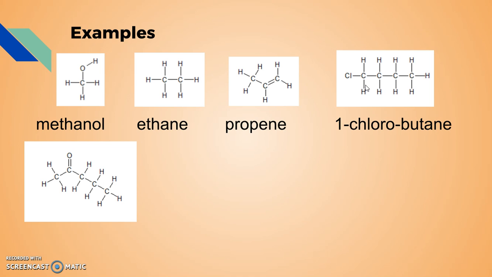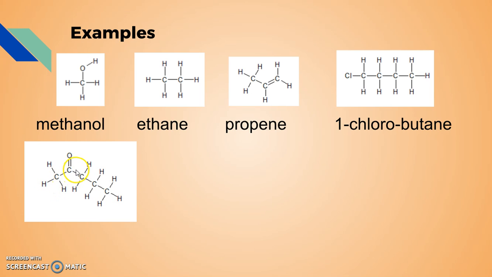Another example. Now what do we have here? Functional group. If I identify that, I've got my double bond O, which is situated on a carbon in the middle of the chain, telling me that this must be a ketone. Because it's a ketone, the functional group can have more than one position. So I have to go and number my main chain.